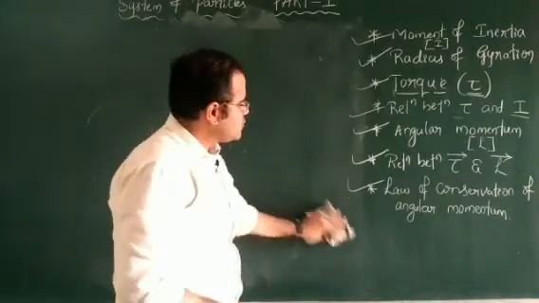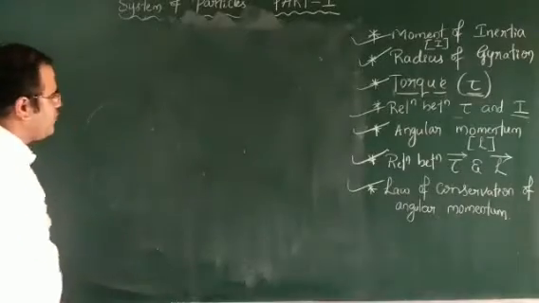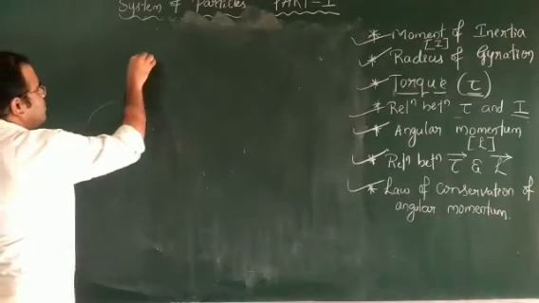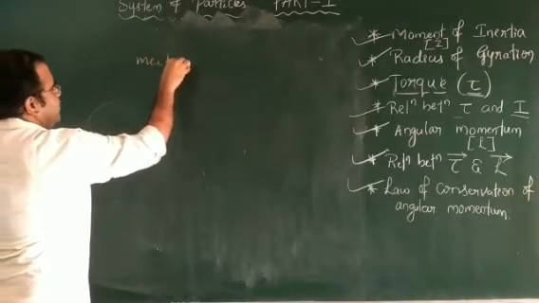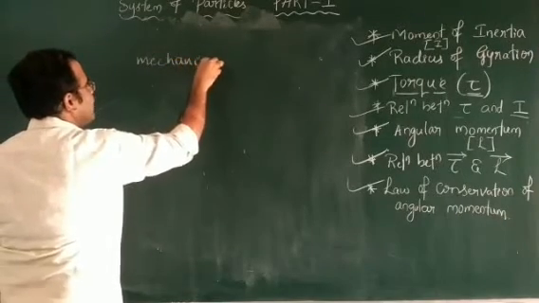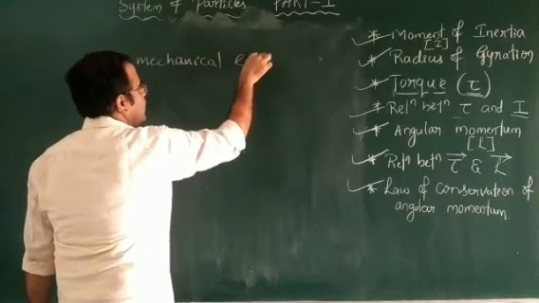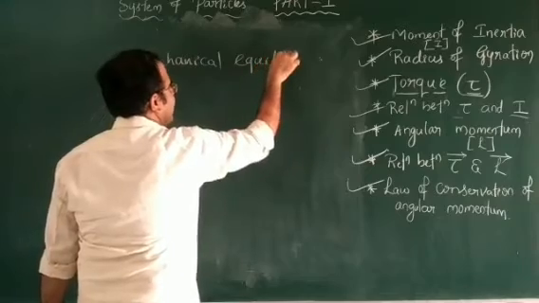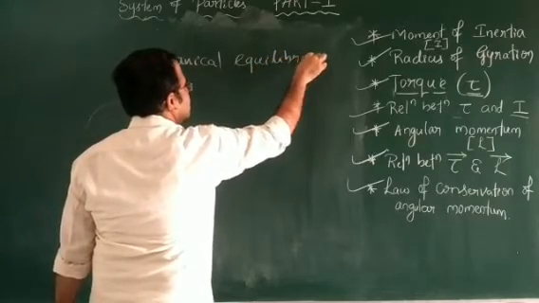Now based on these two quantities, a very important factor that we consider is mechanical equilibrium. Whenever a rigid body is in mechanical equilibrium, the system should remain constant, or the rigid body should be under the condition of equilibrium. There we are going to observe two types of motion.